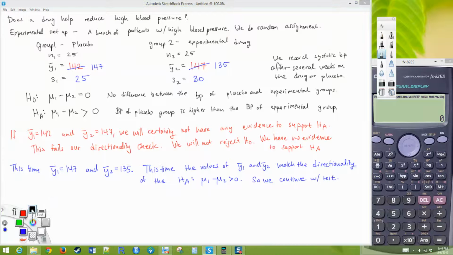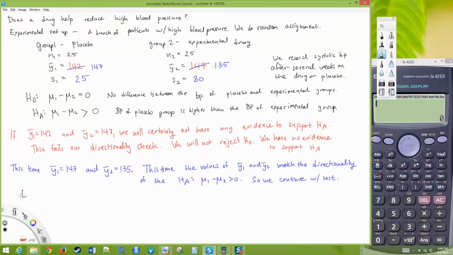The test statistic is y bar 1 minus y bar 2 over standard error. Standard error is the root of s1 squared over n1 plus s2 squared over n2. I'll pause the video here and give you a moment to figure this out.